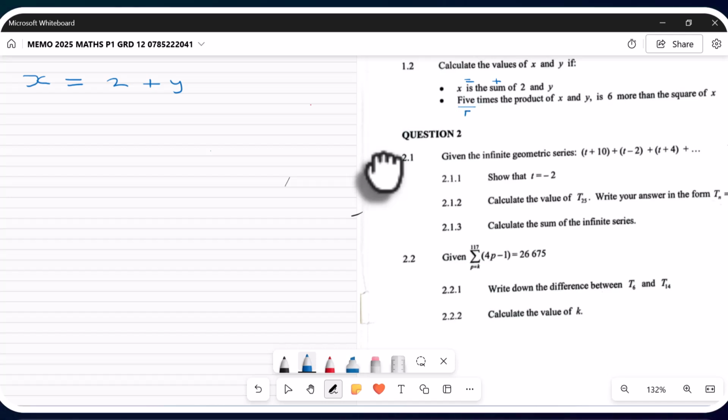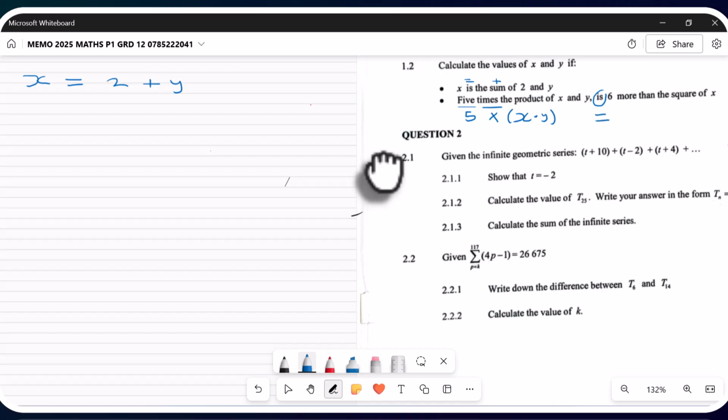That means x squared. So I repeat, 5 times the product of x and y is 6 more than, that's plus here, the square of x. So this is our other equation.